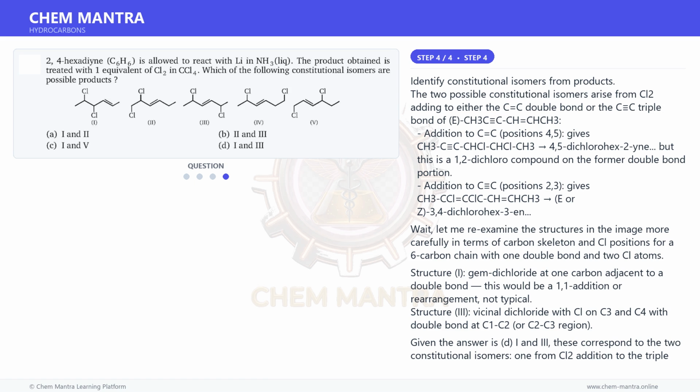The key concept: E-hex-2-en-4-yne reacts with 1 equivalent of Cl2 at either the double bond or the triple bond, giving two different constitutional isomers. Structure I, gem-dichlorovinyl type from triple bond addition giving CCl2=, and structure 3, vinyl dichloro from double bond addition, are the two possible constitutional isomers, which matches answer D.